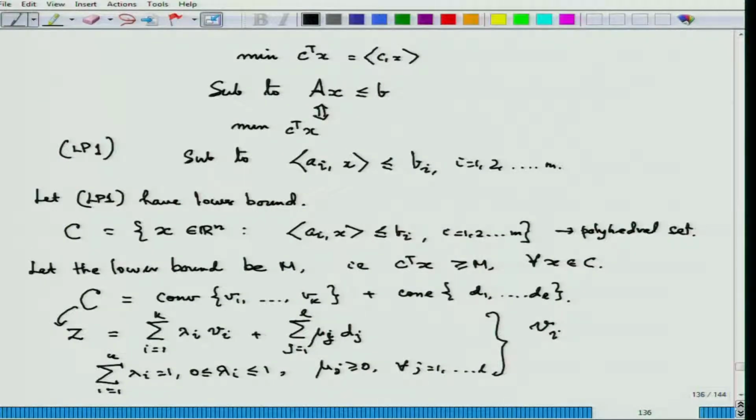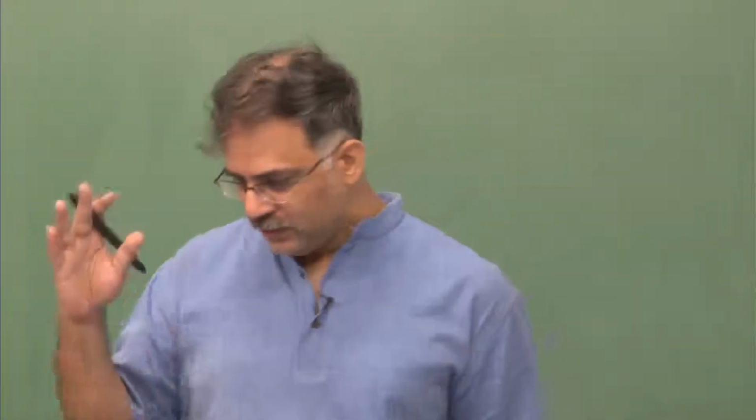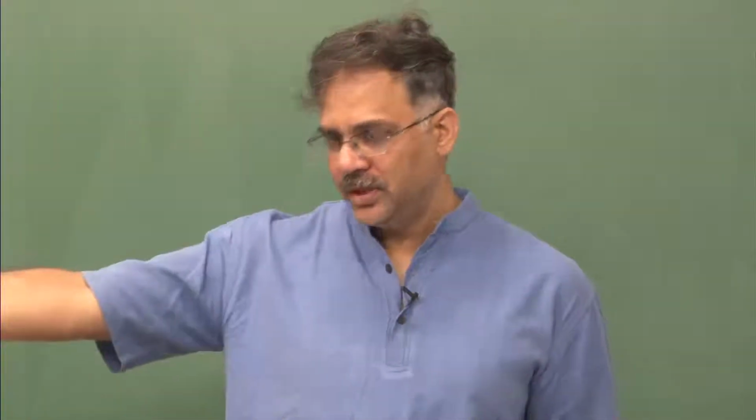That V1, you could take any i also, I am just taking V1 for simplicity, V1 plus t d_j for all t and all j. You first take one j, say D1, so V1 plus any fixed t, whatever you want, V1 plus t D1 is an element of C, V1 plus t D2 is an element of C, and so on.